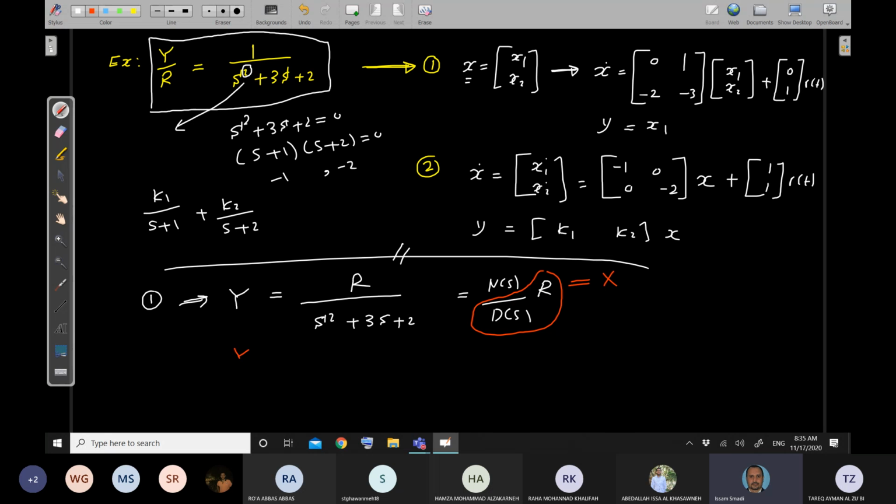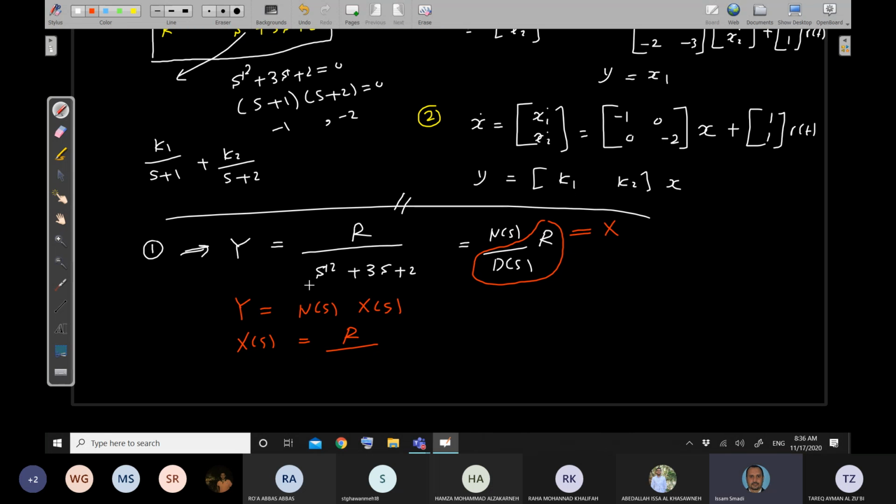So here I get y equal to N of s multiplied by X of s. Yes? And I get X of s equal to R over D of s. Correct?